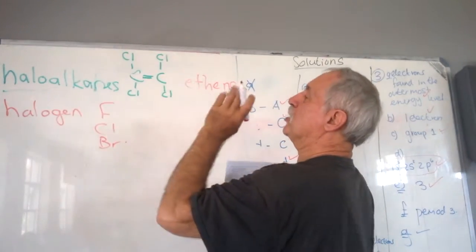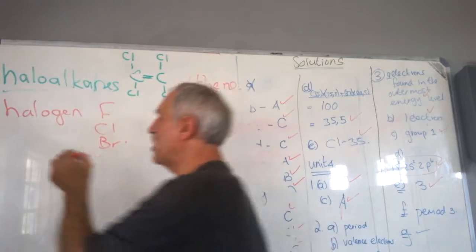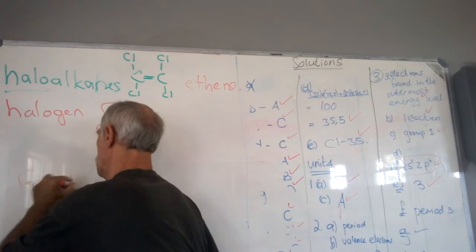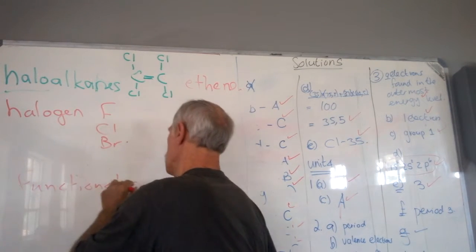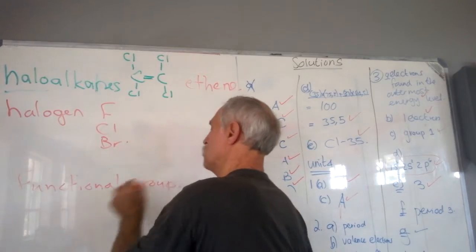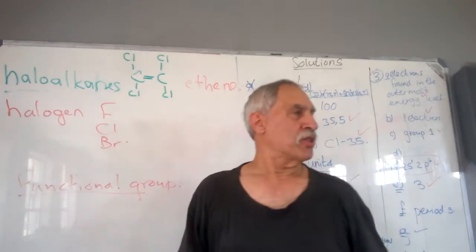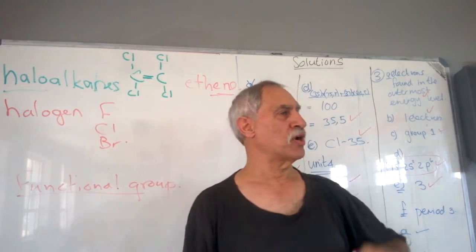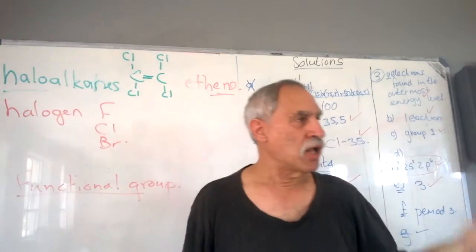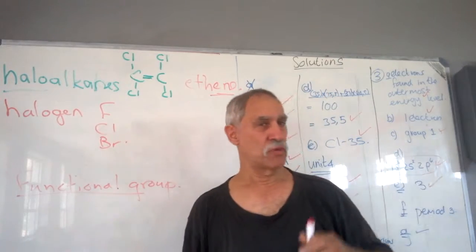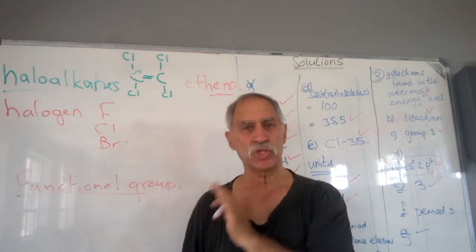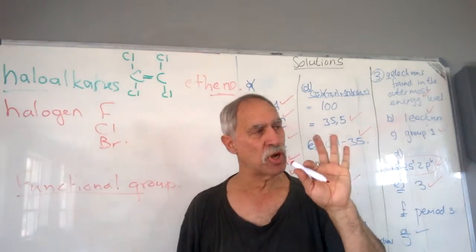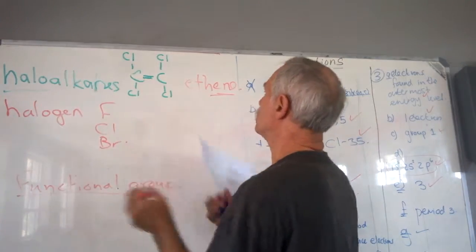Now, we have a thing called the functional group. Normally, I teach it right at the beginning. The functional group is whatever makes it an ene or an ane or an ine or an ol or a one. Do you know what I mean? It's the special part of that molecule that makes it a special thing.